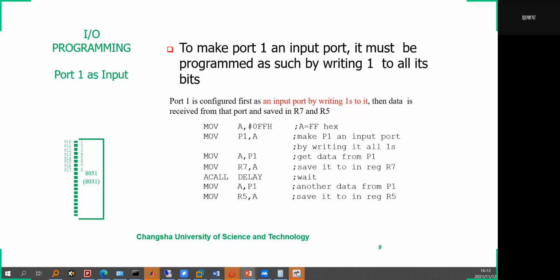To make port 1 an input port, it must be programmed as such by writing 1 to all bits, just like this example. Write FF to port 1, so this port 1 is used as input.